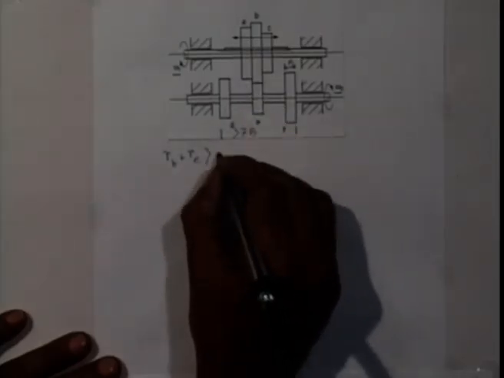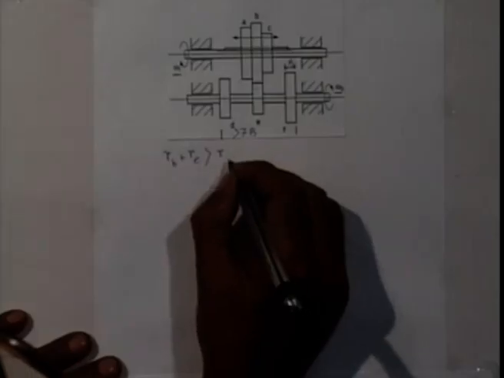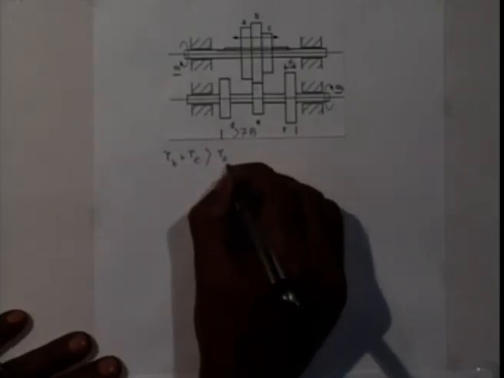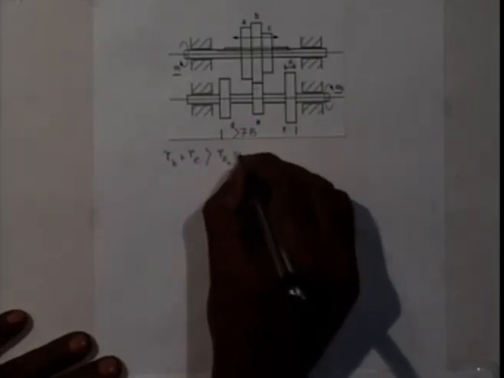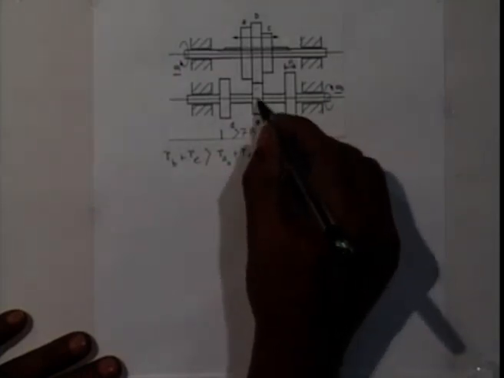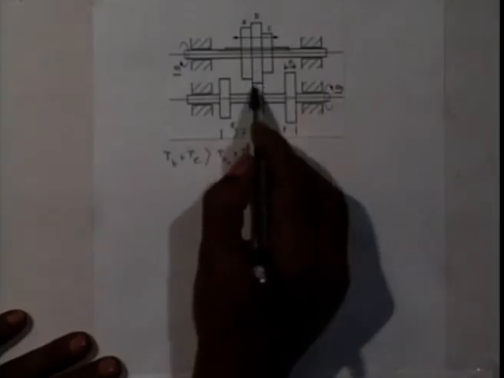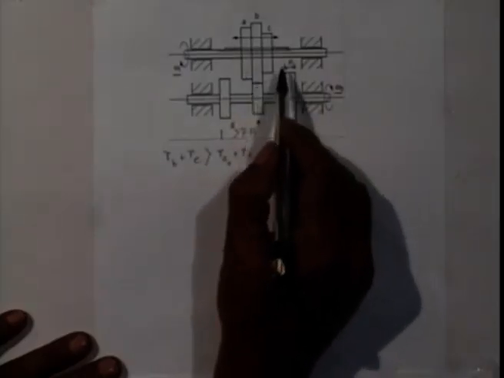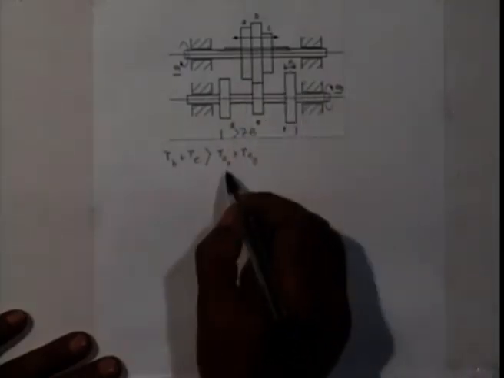The outer radius of A plus the outer radius of E, the center distance should be more than that, such that this should not interfere with this when I am sliding it to the right.